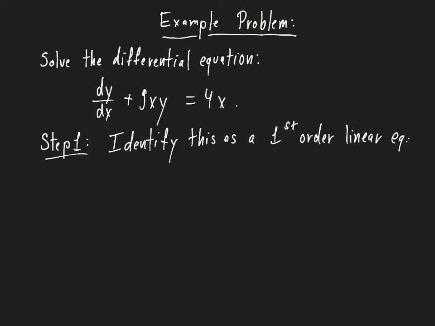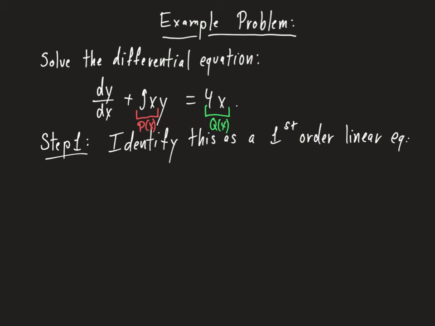To do that, we need to show that this is in the correct form. And we need to identify our p of x, which, as we can see on this left-hand side, the function of x that y is being multiplied by is clearly 9x. Then we also want to identify our q of x, which clearly is just what we have on the right-hand side here, and that's 4x.